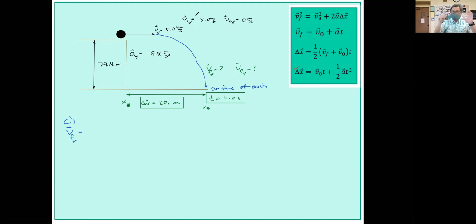Therefore, there's no acceleration, so the velocity will be exactly the same. So there it is. We already have half of our solution, the x component.